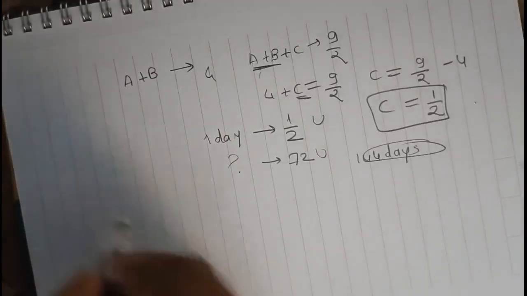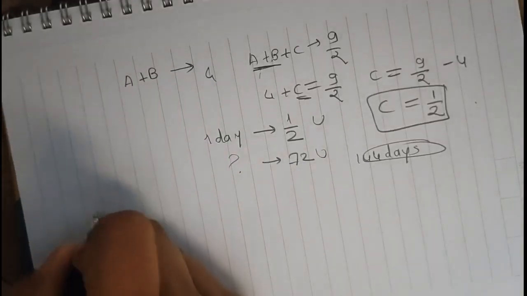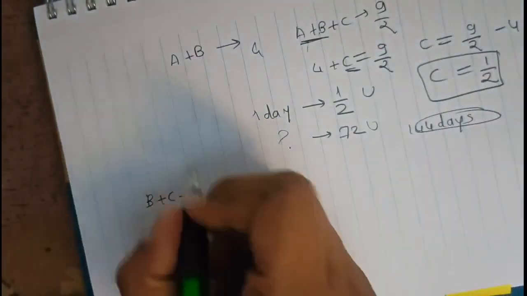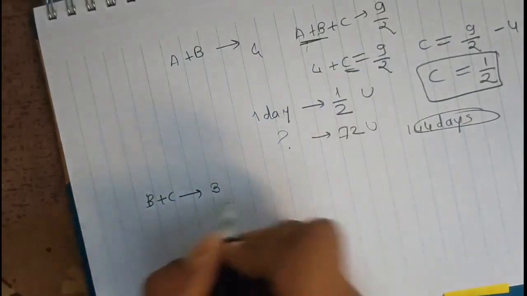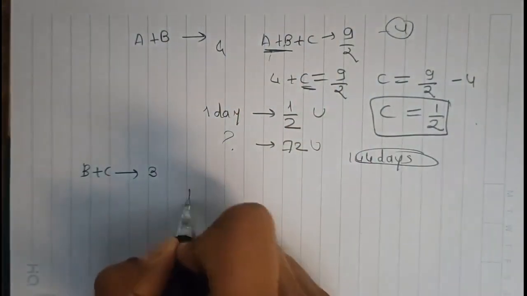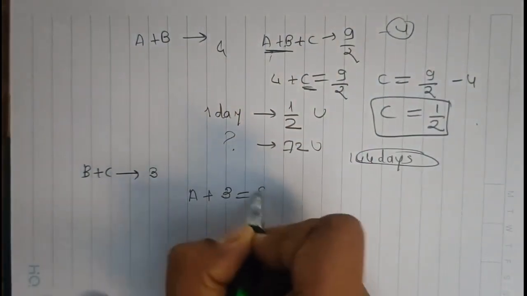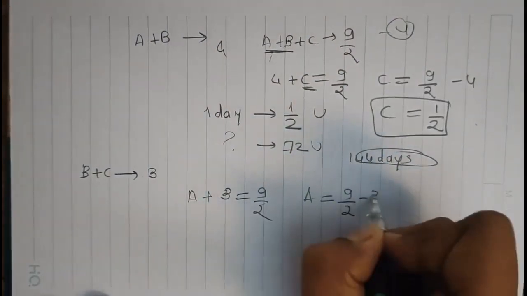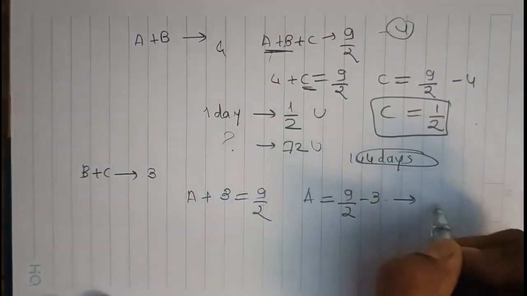Similarly for a and b, b plus c is given as 3 units. Here we can see the b plus c value is 3 units. Substituting this b plus c in the fourth equation, we get a's efficiency is 9 by 2 minus 3, which is 3 by 2.